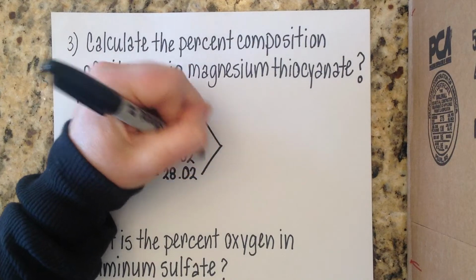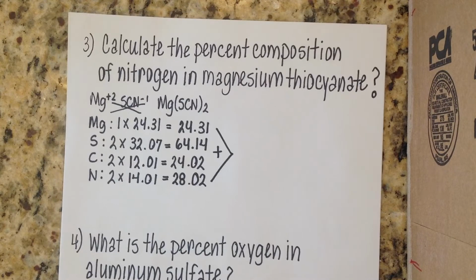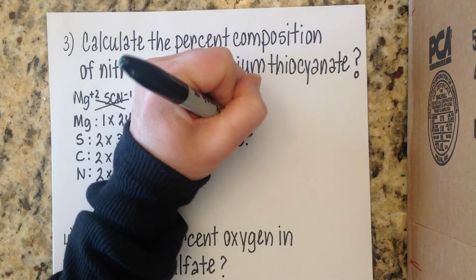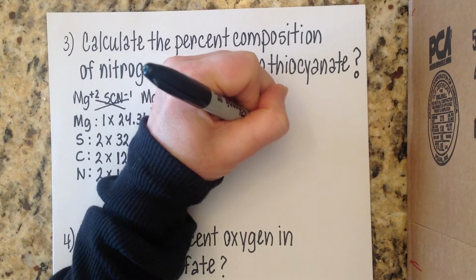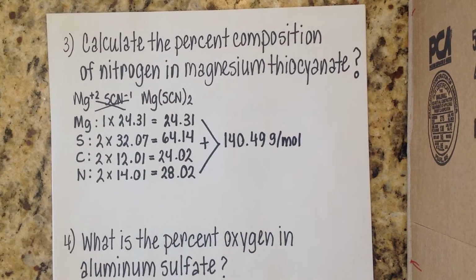Add them up to get the total mass of that molecule, and you're going to get about 140.49 grams per mole.